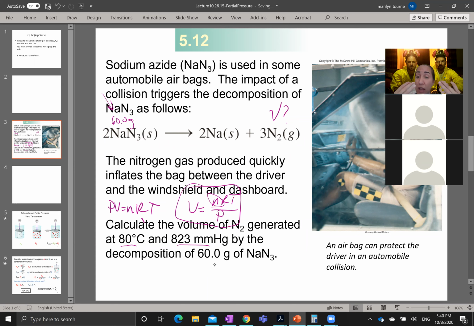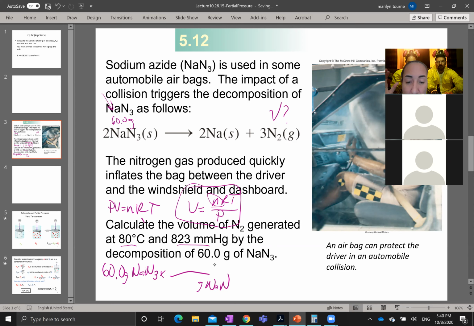And then when you do that, then what can you do? Then what do you do? Like you said, after that, you also convert the 8 degrees Celsius to Kelvin. No, sweetheart, but what I'm saying, staying with this, right? You said 60.0 grams of NaN3, and you said convert it to moles, right?